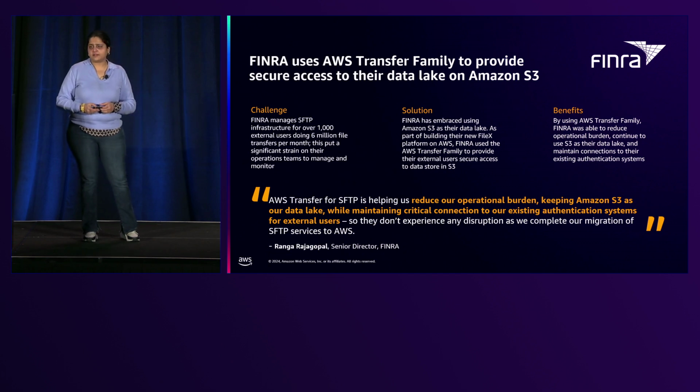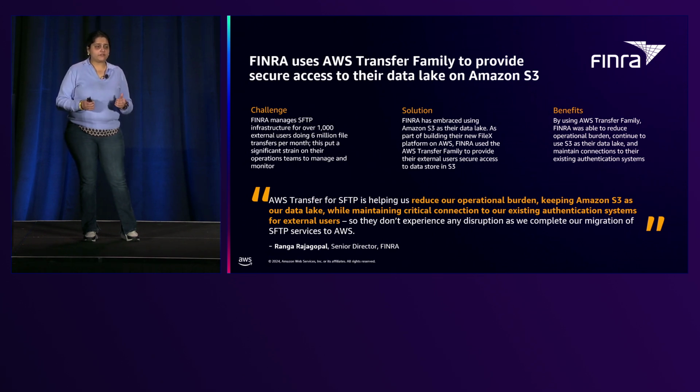Speaking of data lakes, FINRA wanted to use Amazon S3 as their data lake for a lot of the benefits that S3 brings, and there were a lot of announcements in the keynote today related to that as well. But in order to use S3 as their data lake, they needed an SFTP server so that their end users could upload files directly into their data lake.